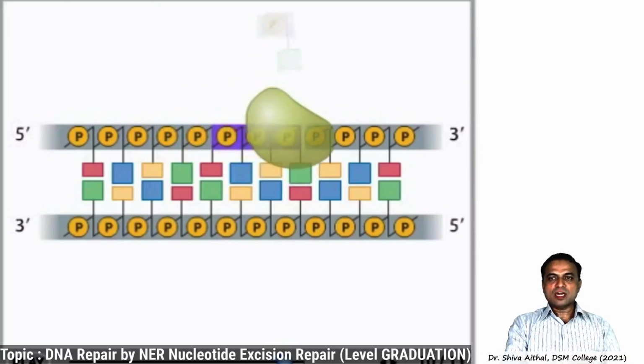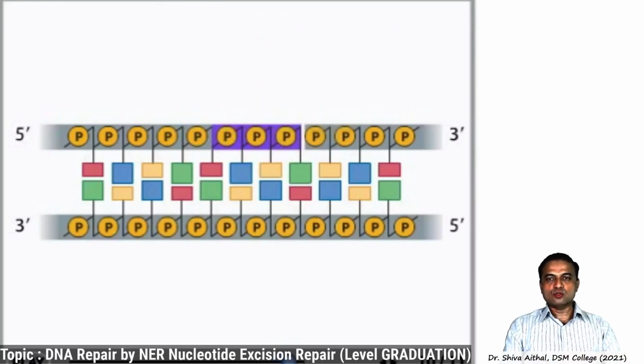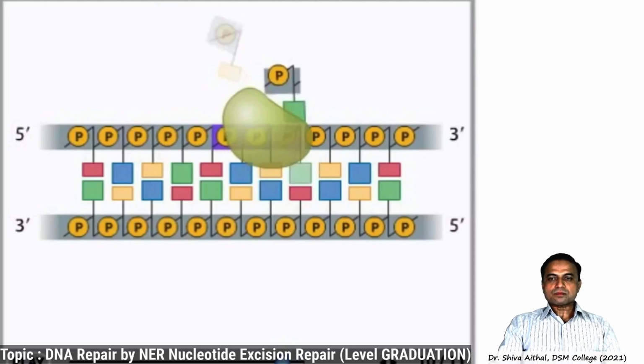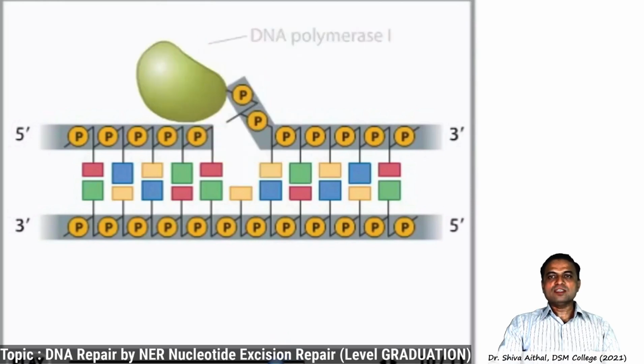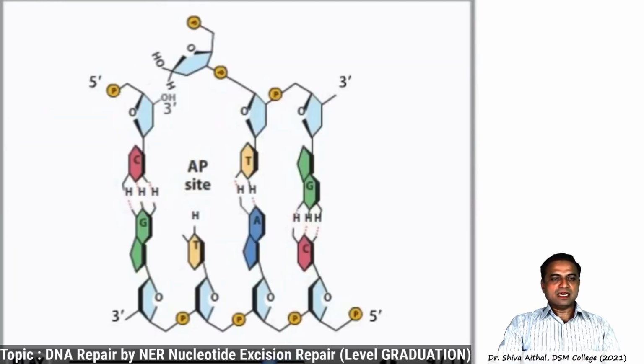DNA polymerase 1 also has a 5' to 3' exonuclease activity. As you just saw, the 5' to 3' exonuclease activity removed the bases. Now finally ligase comes and seals the nick, and the repair process here is completed. The very interesting part here, I will just rewind to show you, is the DNA polymerase 1 enzyme system.